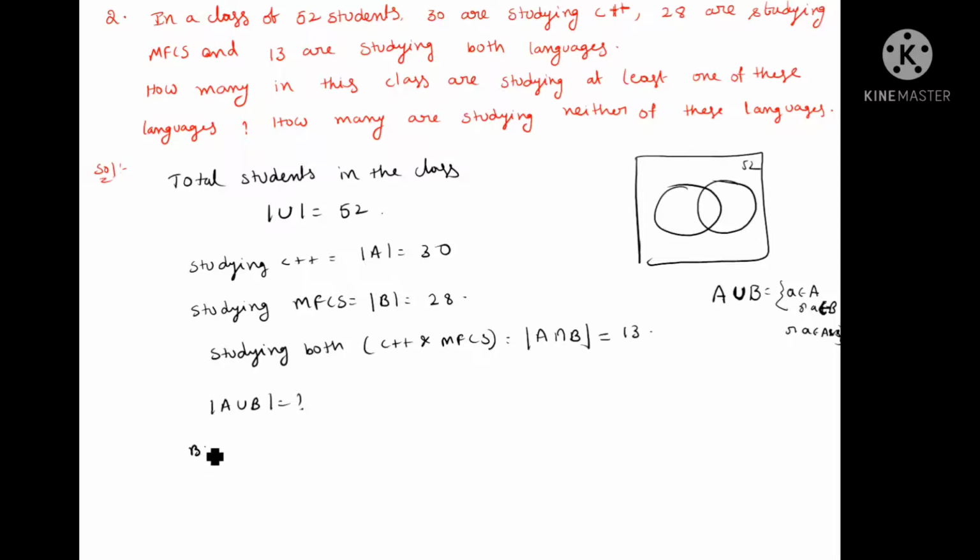By the principle of inclusion and exclusion of two sets, what do we know? Mod A union B equals mod A plus mod B minus mod A intersection B. So this equals 30 plus 28 minus 13. Mod A union B equals 58 minus 13, which is 45.